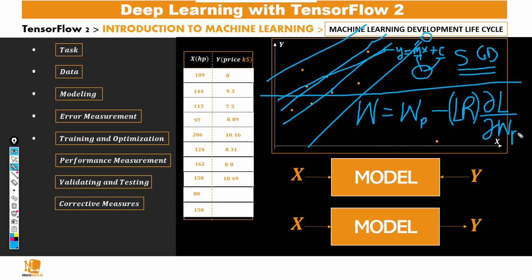So yeah, we have the previous weight. Initially we have 0, and for c, as we said already, it is 2. For each and every weight, we're going to apply this. So to get the new value for m, its initial value is 0, so the previous value is 0, minus, now let's pick a learning rate.